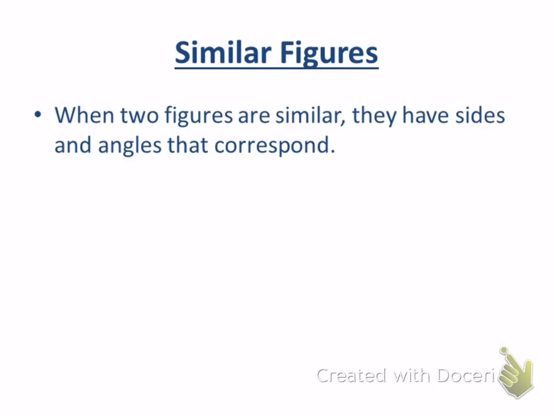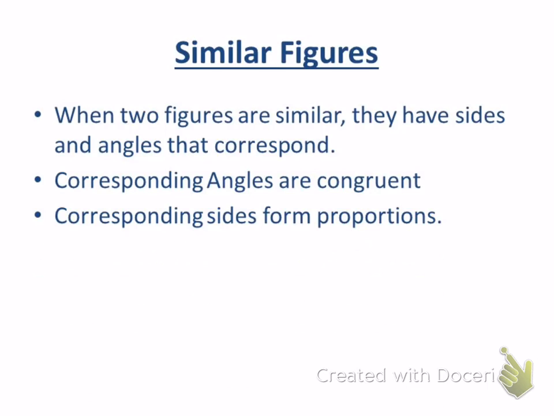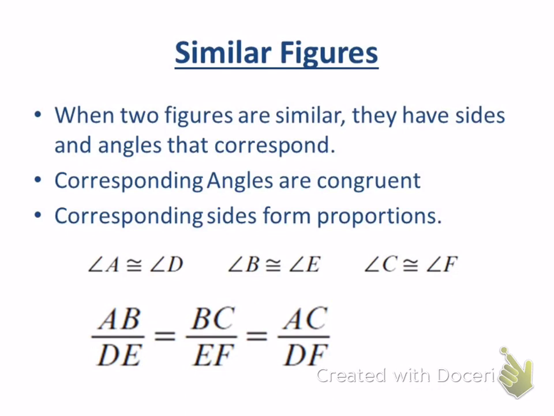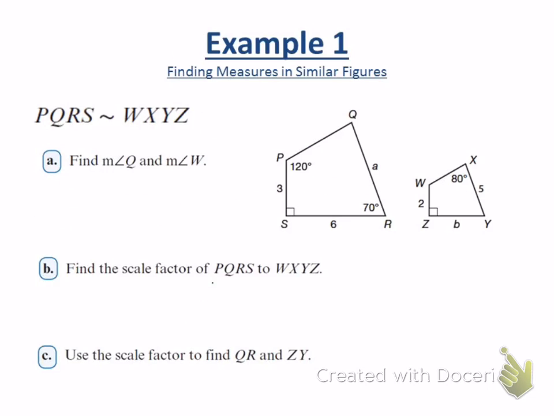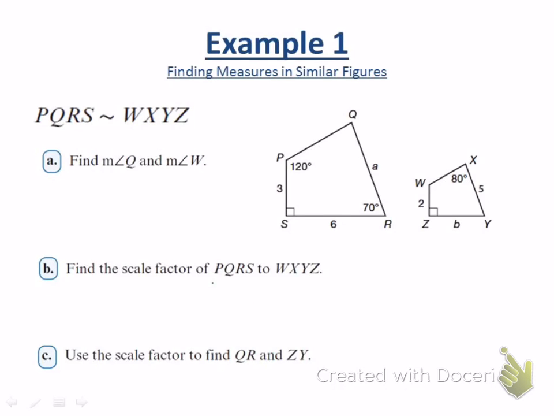This is just a restatement of what we just discussed. They have sides and angles that correspond. Corresponding angles are congruent, and the corresponding sides are proportional. We've already stated that, and all of these facts. Okay? Now, let's use this to answer some questions here.